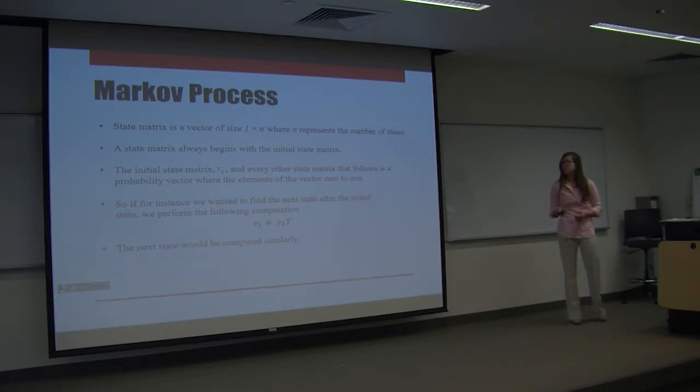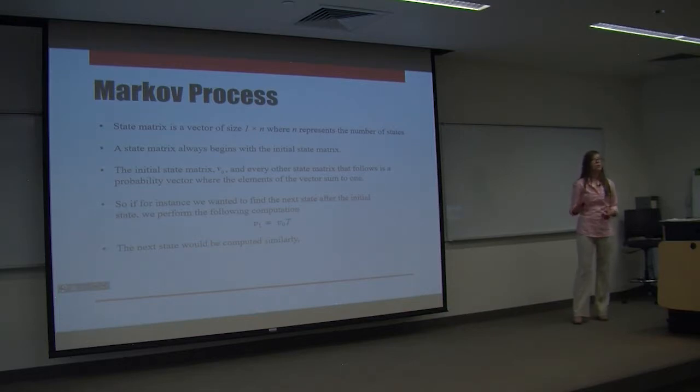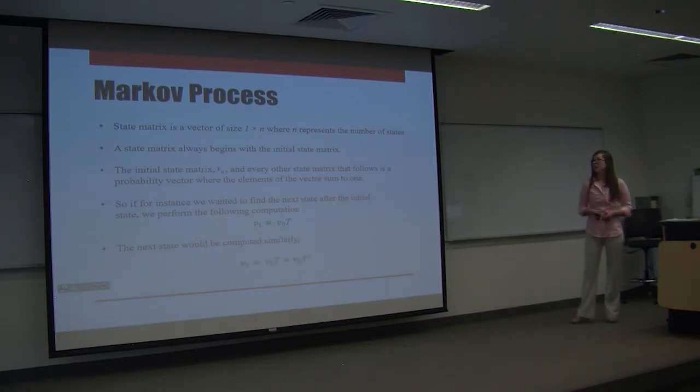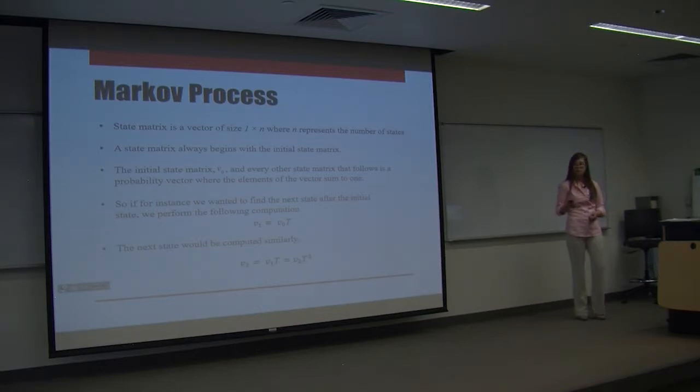V2 would be very similar. V2 would then represent where a player could possibly be in the game given that 2 turns have occurred. And V2 would be calculated in a similar manner, where V2 equals V1 times the transition matrix, or equivalently, the initial state vector times the transition matrix squared.